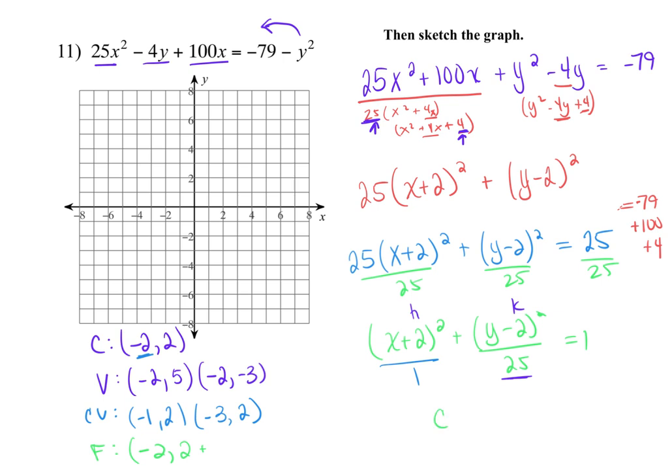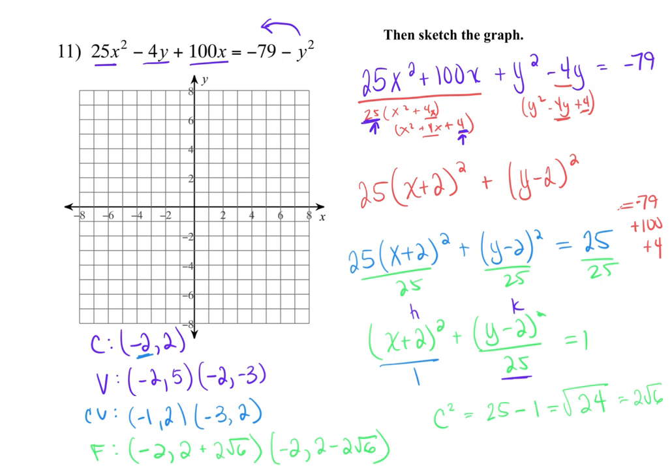So c squared is going to be a squared, which is 25, my larger one, minus b squared, my smaller one. So c squared is going to be 24. c is going to be the square root of 24. If you simplify that, that's 4 times 6, or 2 square root of 6. All right? So my foci are going to be 2 plus 2 square root of 6, leave that negative 2 in the x, and 2 minus 2 square root of 6. And I've answered all the questions.